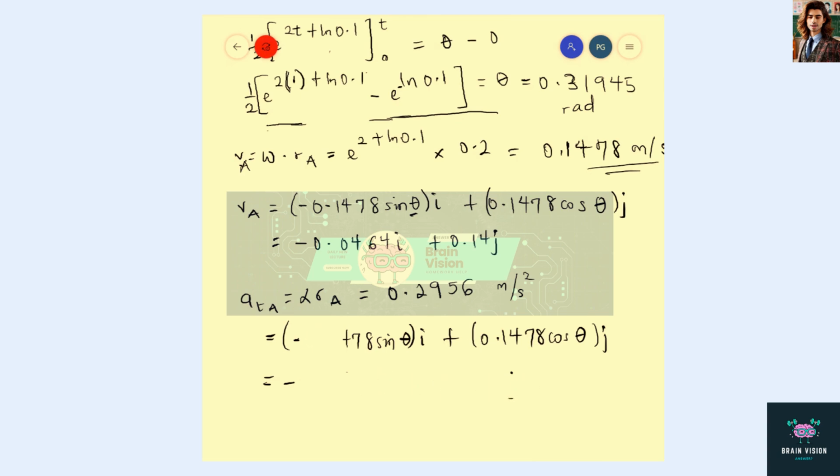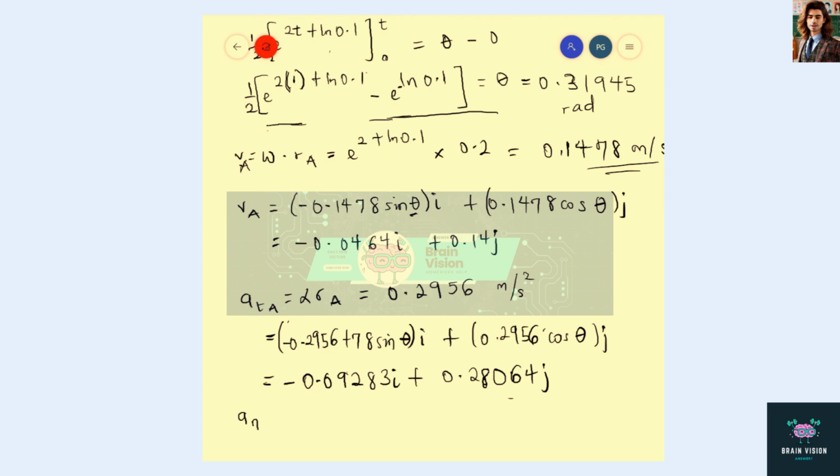This should be minus 0.2956 sine theta, which is 0.2956. This is for the tangential acceleration.